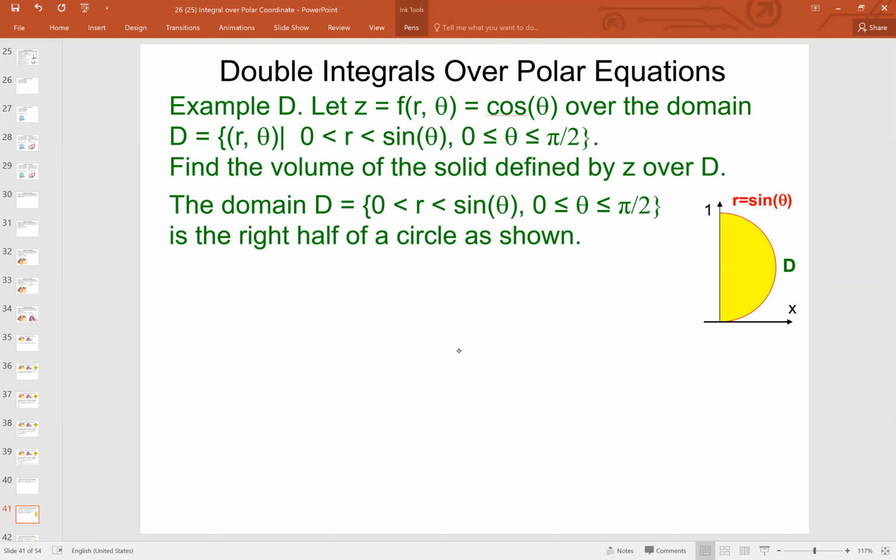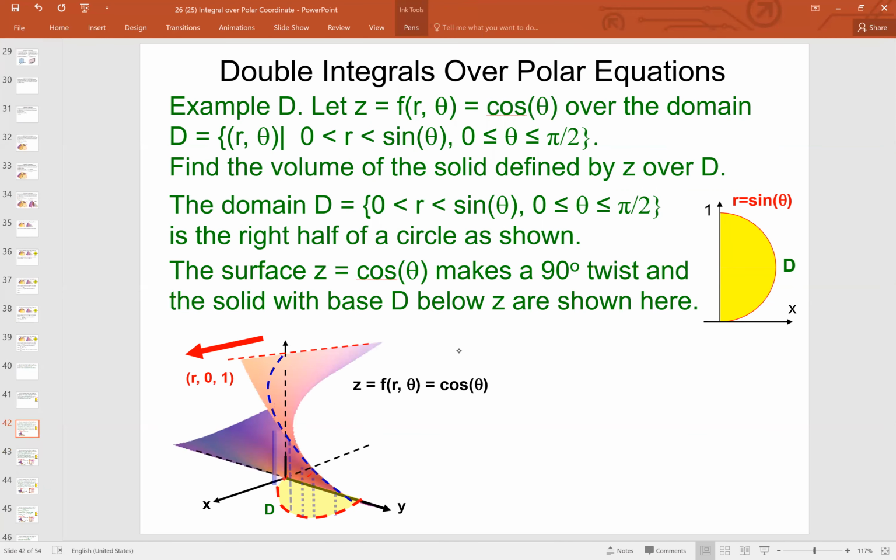When theta is equal to 0, z is equal to 1. Okay. So therefore, r can be any number.